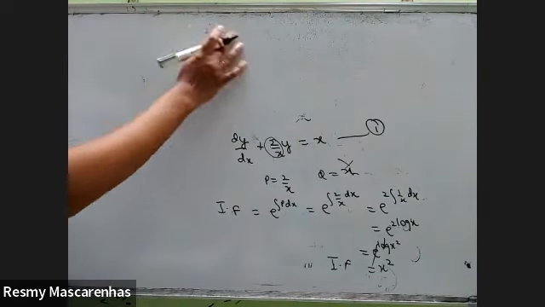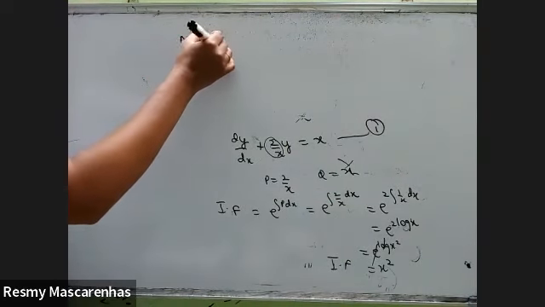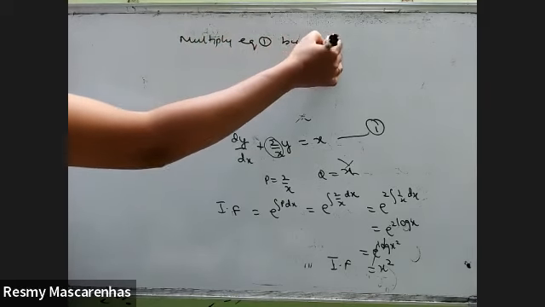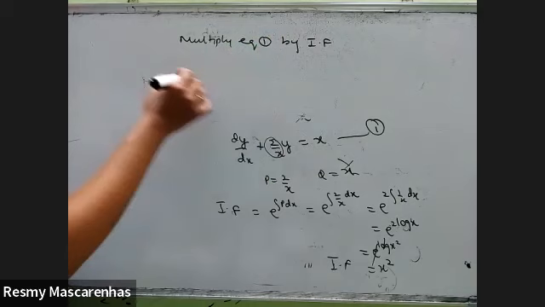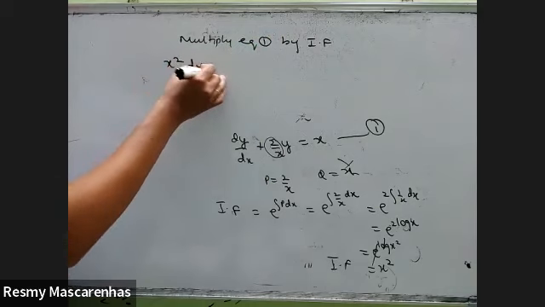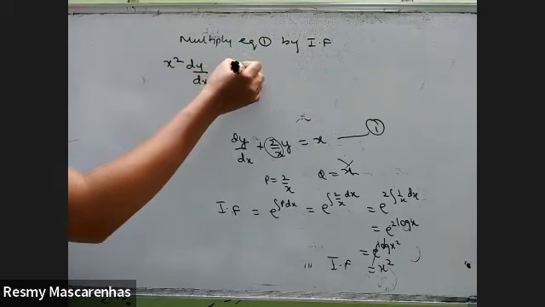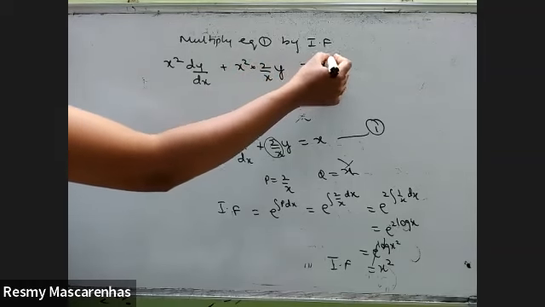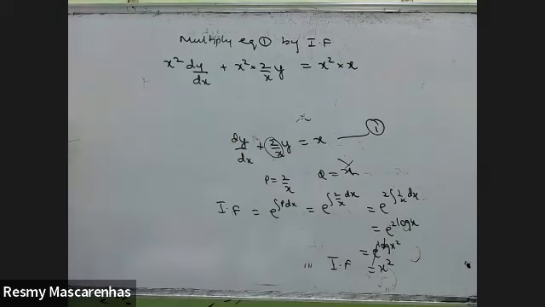Multiply throughout equation 1. So everything will get multiplied. All the terms of equation 1 will get multiplied by x square. Now simplify.